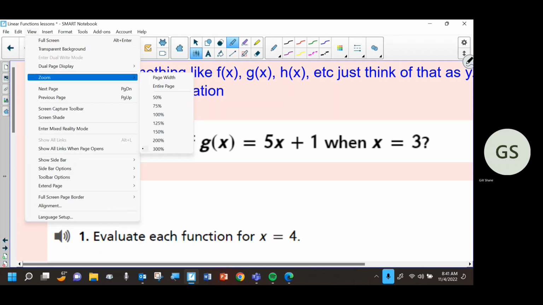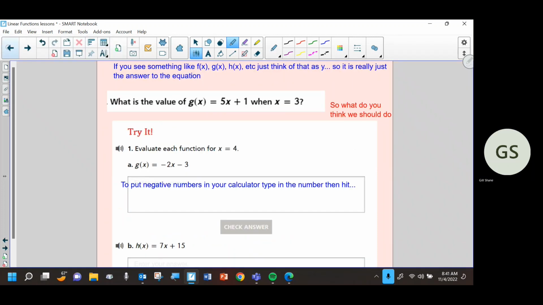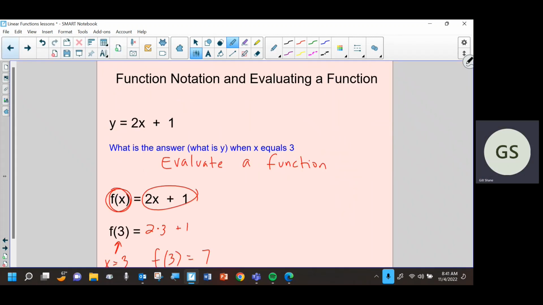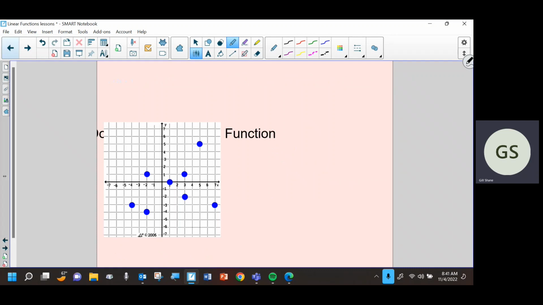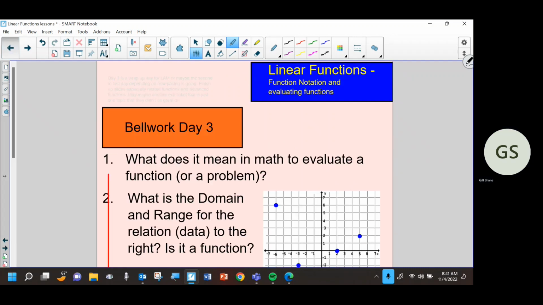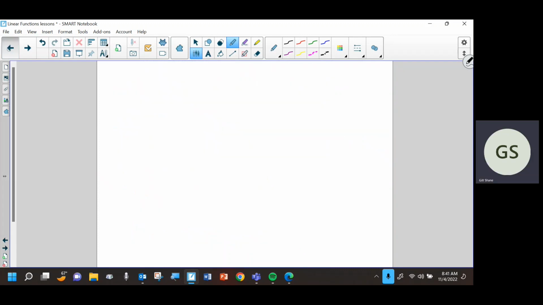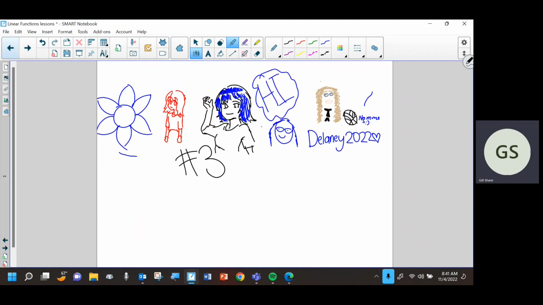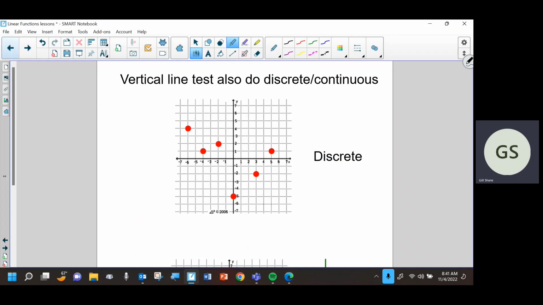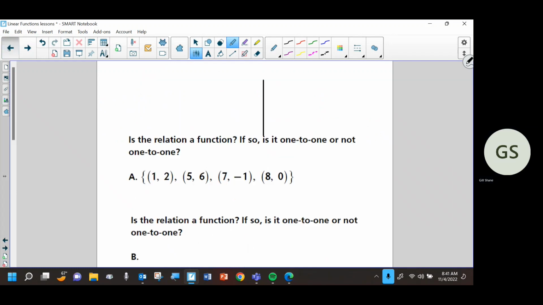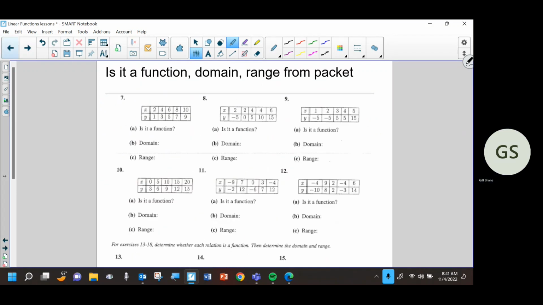I can't see anything. Got to be a table or a set of ordered pairs or something. No, still no. Drawing still there. Oh, wow. All right, so here we go.